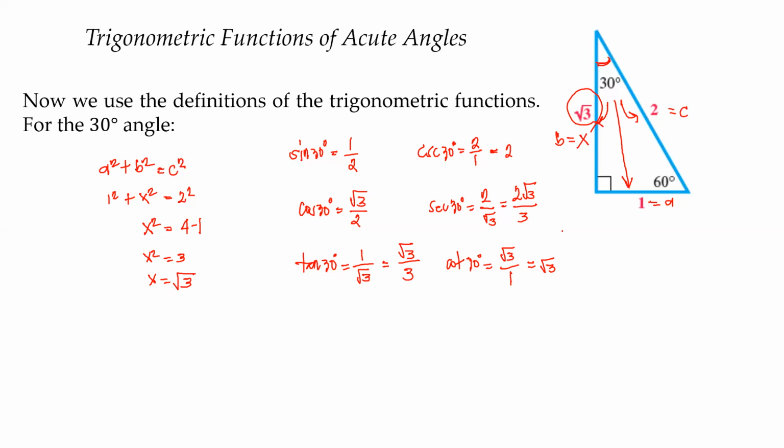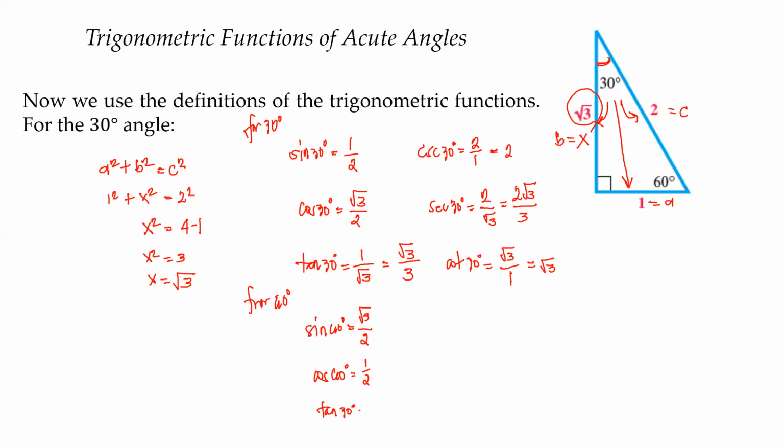So for our 60-degree angle, sine 60, what is opposite to angle 60? That is square root of 3. That is equal to square root of 3 over 2. Cosine 60 is equal to 1/2.